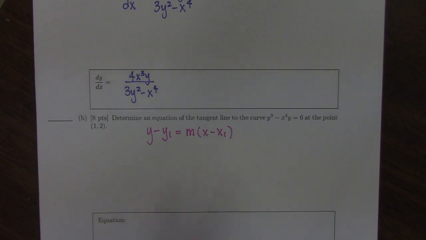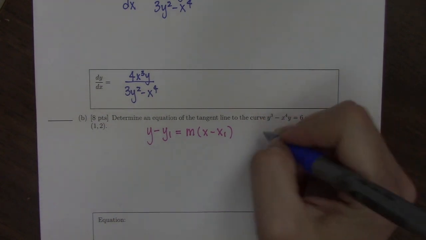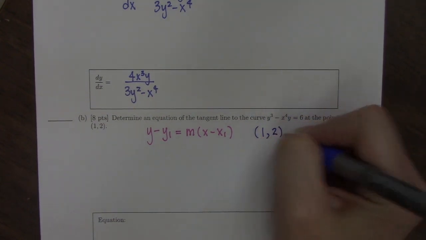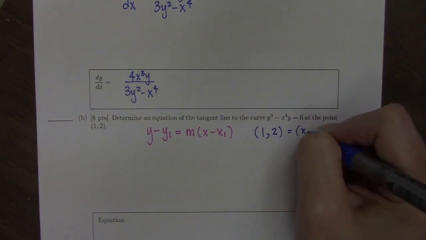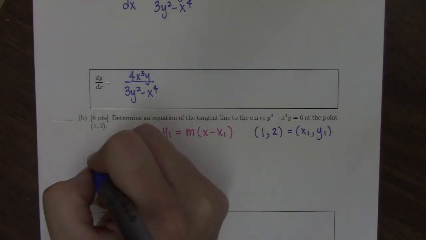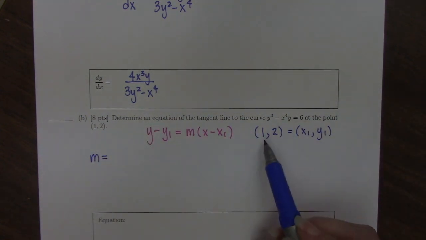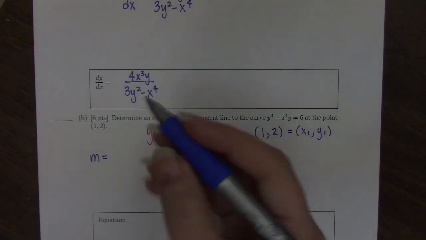So to get the value of m, I've already got my point (1, 2). That's my x1, y1. To get m, I need to plug 1 in for x and 2 in for y into my derivative.